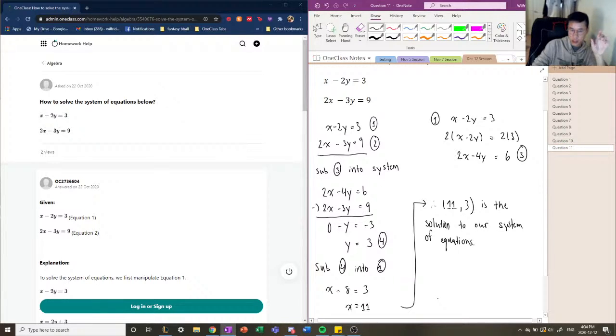And going back to this technique, when you're trying to figure out how to get rid of one variable, you just have to realize which variable is easier to get rid of, right? So in this case, it will be kind of hard to get rid of the y variable because you have to multiply both equations by a factor, right? So the closest common factor for equation 1 and equation 2 will be 6, right?